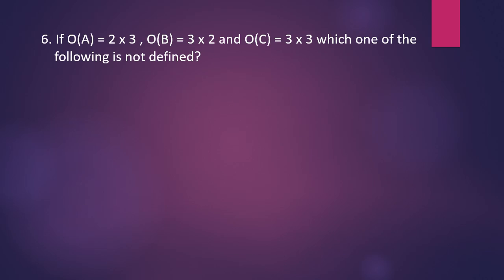The sixth question will be, if order of A is 2 by 3, order of B is 3 by 2 and order of C is 3 by 3, which one of the following is not defined? You have to carefully check each option here. So these are the options.